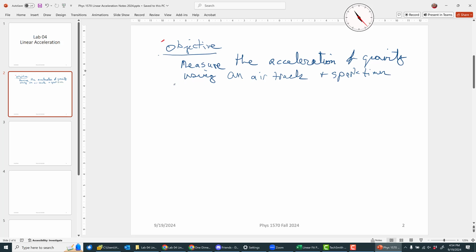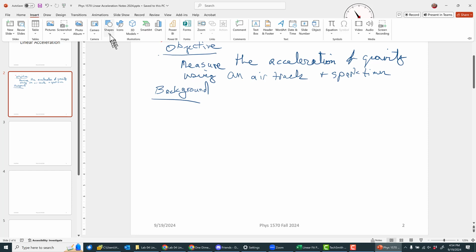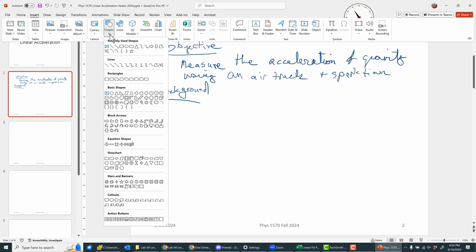Okay, so let's do some background. And let's see what kind of built-in shapes this thing has for us. Gotta have a right triangle, no? Basic shape, there we go.